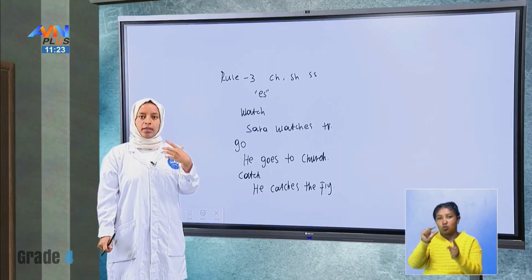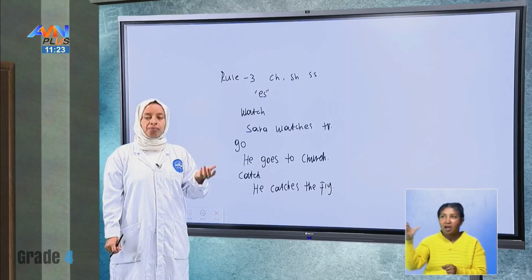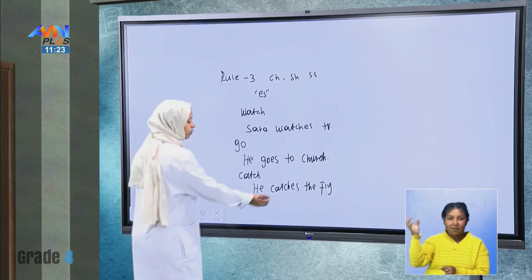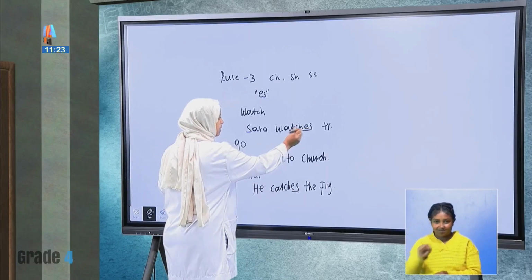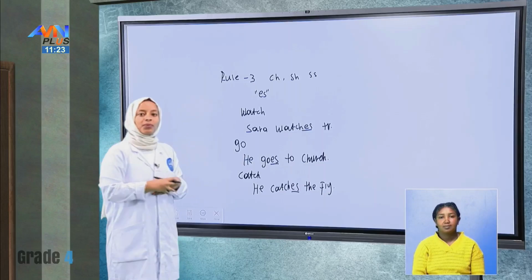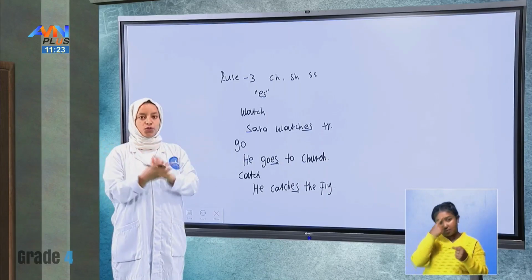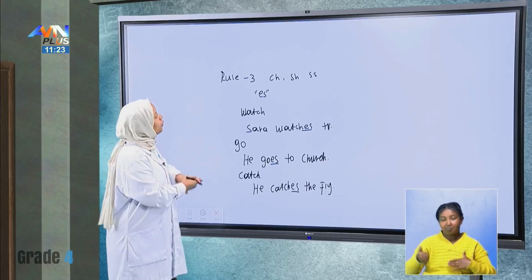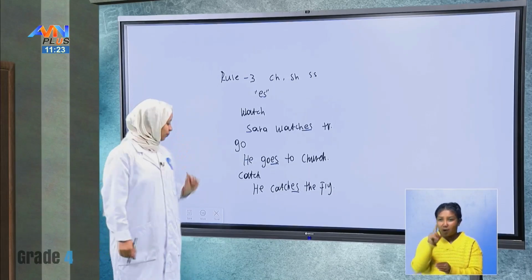Where? At the end of the verb. He catches the fly. Let us underline ES. Here it is. I hope you all are understand the topic. I believe it's not confusing also. So this is rule number 3. We can have one more.